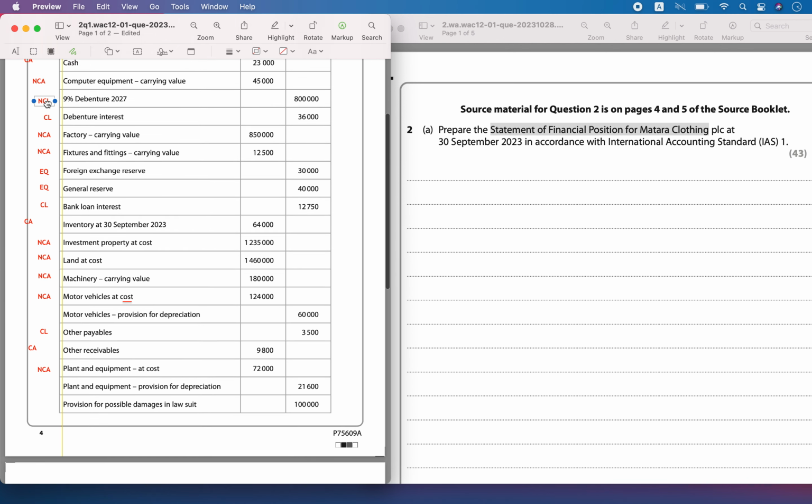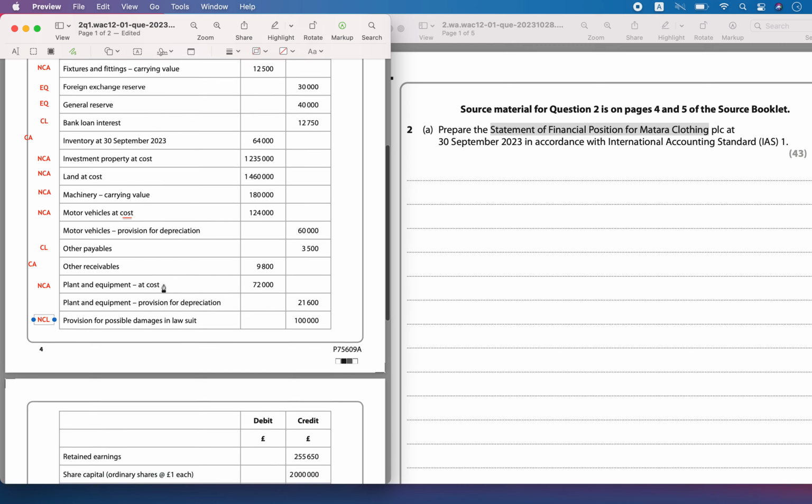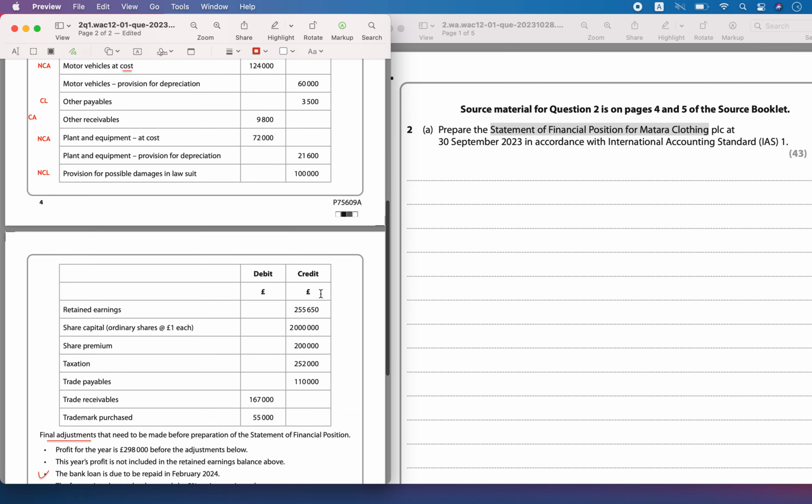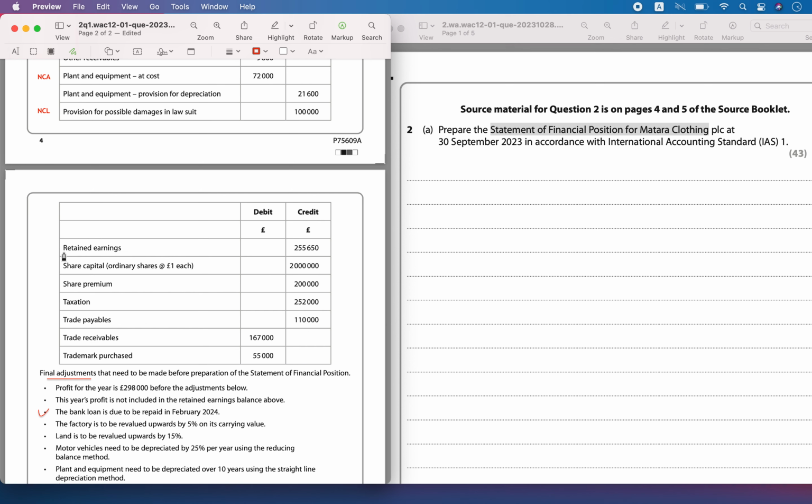So I am going to classify it like a loan. This is going to come under the non-current liability. And then retained earnings. Retained earnings is going to appear in your equity section.